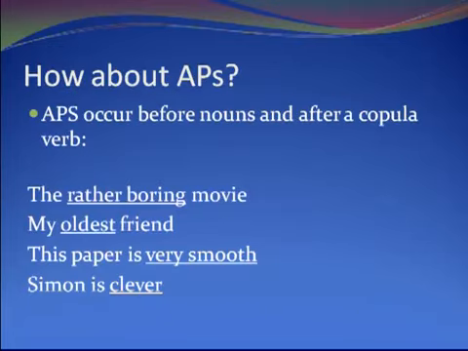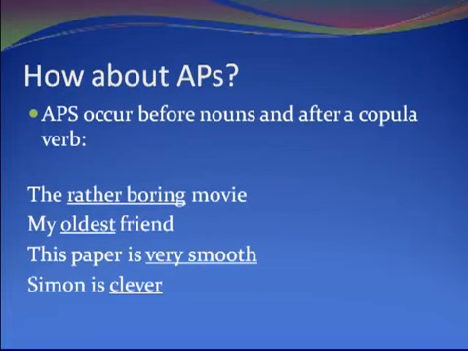Now how about adjective phrases? What we've been saying about adjectives really applies to adjective phrases. The test for finding adjectives also helps us to find adjective phrases, because adjective phrases can occur before nouns and after a copular verb, like to be or seem or appear.